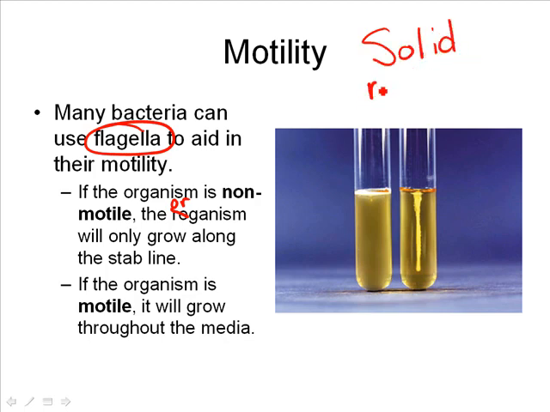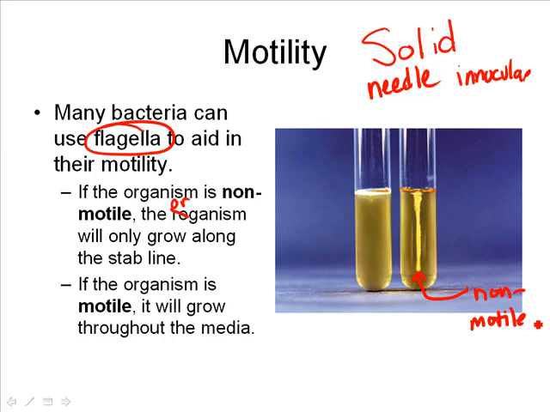So we use a needle in order to inoculate this media. Well, we can actually see where the needle was inserted in this tube, right down the stab line here. What we can see is as that organism grew, it grew only in that area in which it was introduced. Therefore, that's an indication that that organism in tube B is non-motile.